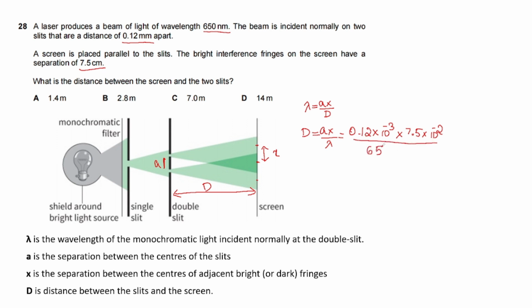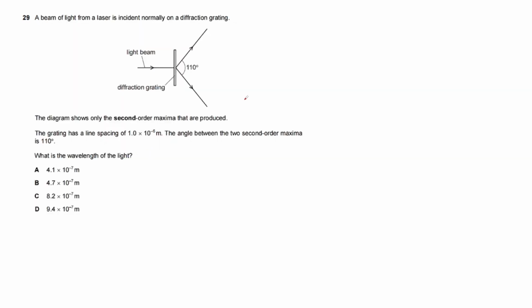Wavelength is 650 nanometer, that is 10 to the power minus 9. So if you do the calculation, you will get a value of 13.8 meter, which is almost equal to 14 meter. Okay, so option D is the correct answer for this question.